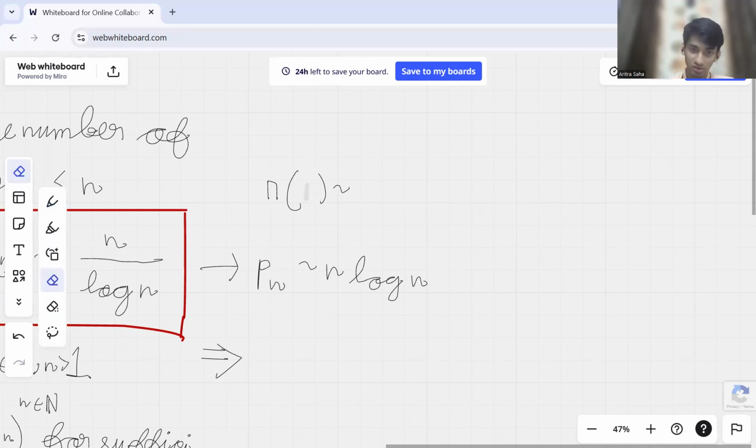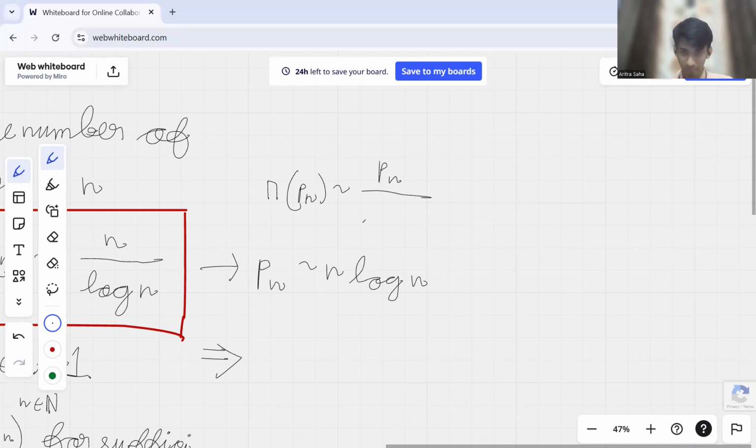Let me write pi of Pn. So what is pi of Pn? I just substituted n as Pn in the prime number theorem.